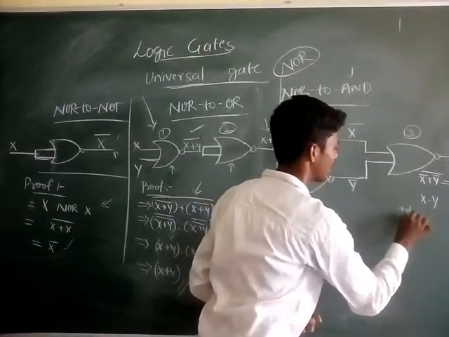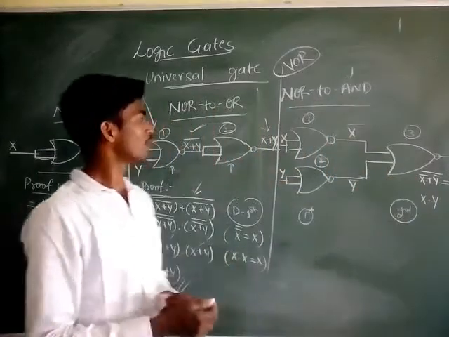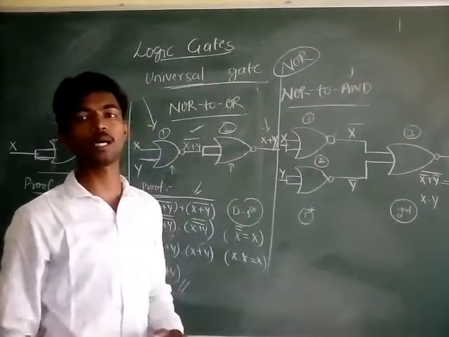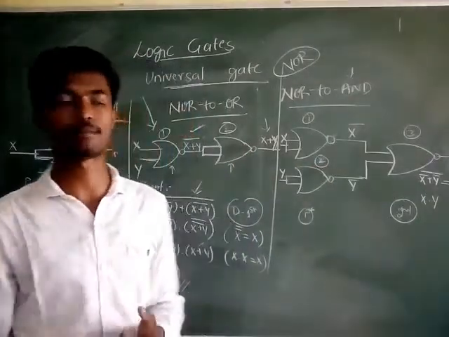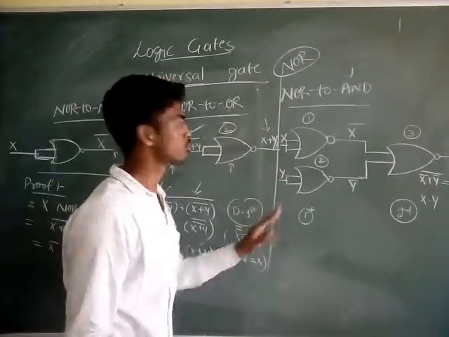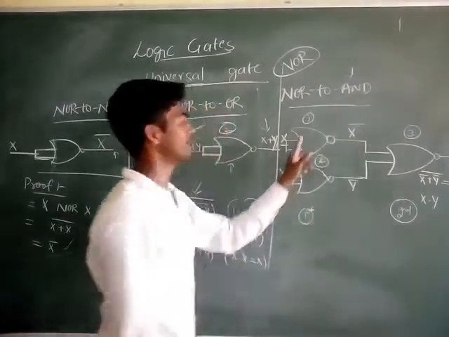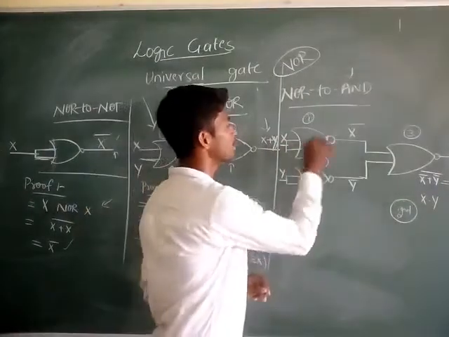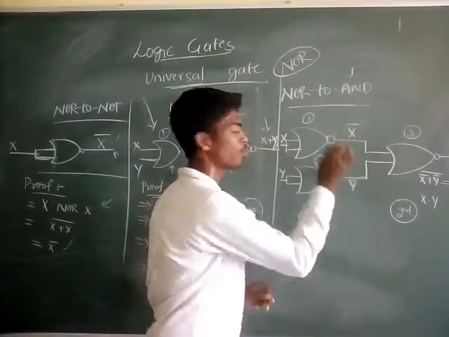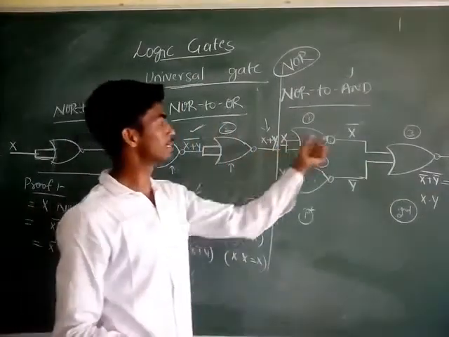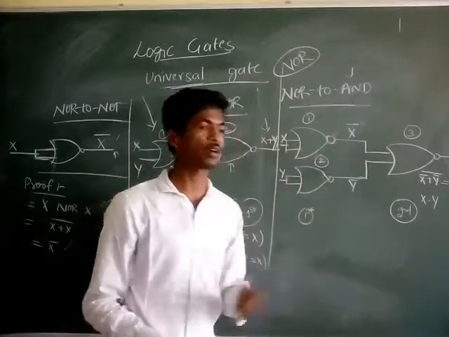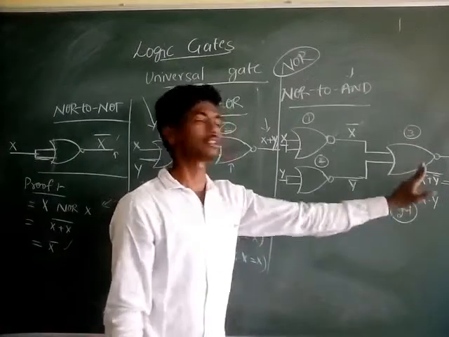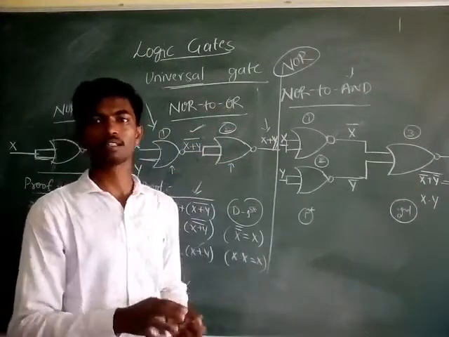In the first level, the 2 NOR gates are connected with one input multiple times, that is X and Y. So those act like NOR to NOT, and they will give you X complement and Y complement as a result. These two results will be connected to the second level third NOR gate.